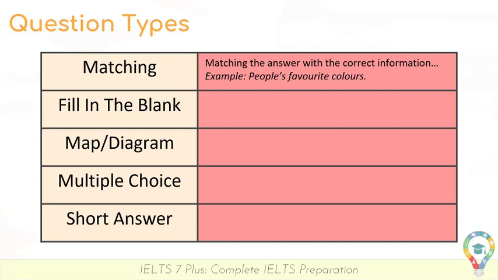Match the answer with the correct information. An example here, which is quite simplistic, I'm sure it will be something a little bit more advanced, is listening to some audio of people having a conversation discussing their favourite colours. It may be that you have to match the names with the colours that they say are their favourites.